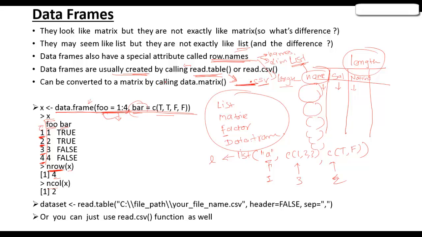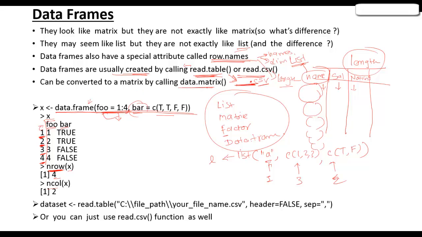So yes, basically we are getting a data frame, but if you are considering this as a way of creating a data frame, it's fine, no problem. These methods basically return a data frame.